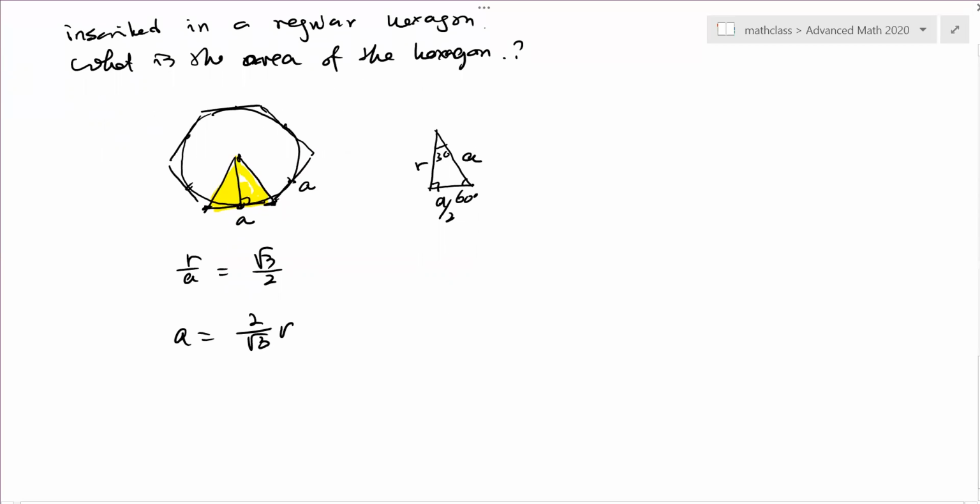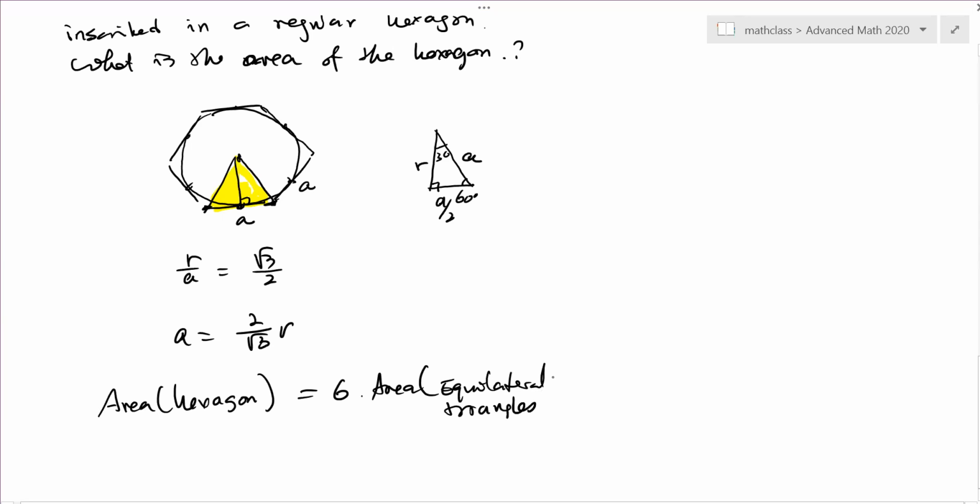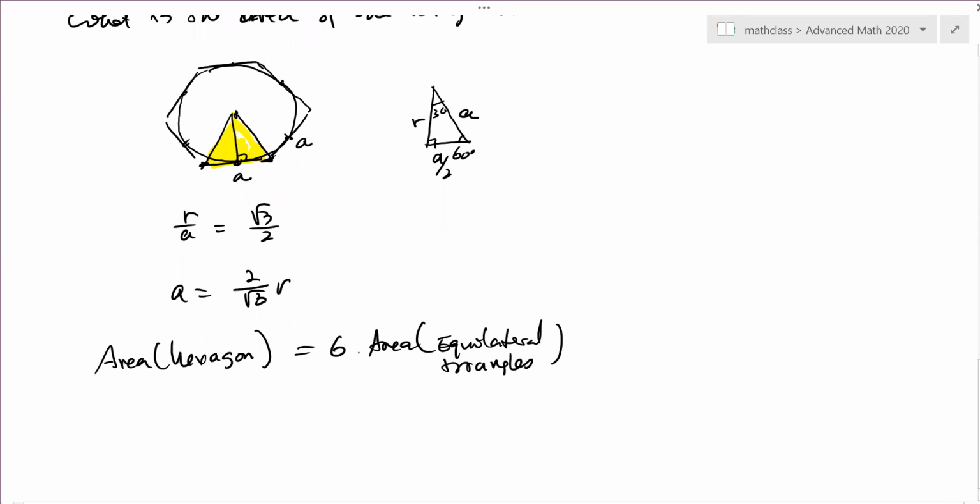Then the hexagon consists of 6 identical equilateral triangles. So the area of the hexagon equals 6 times the area of the equilateral triangle. The equilateral triangle area is square root 3 over 4 times a squared.